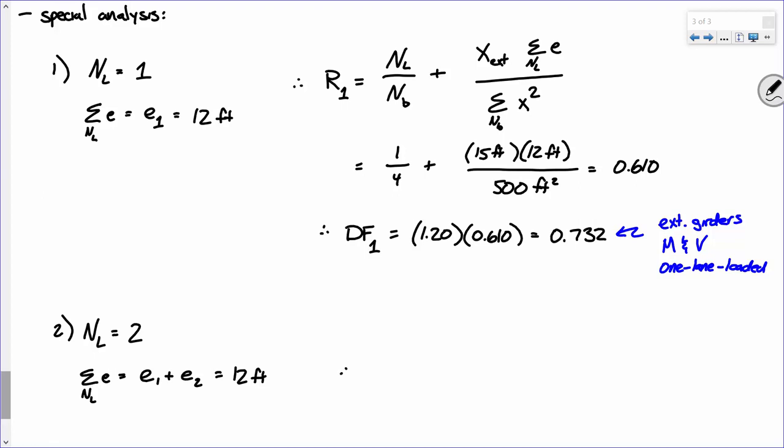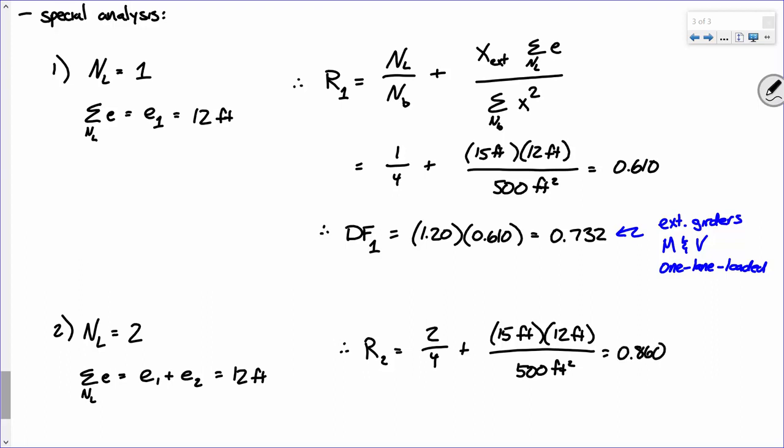So in this case, I propose that R2 would then be 2 over 4 plus 15 feet times 12 feet divided by 500 foot squared. And this comes out to be 1.1? I got 0.86. Yeah.